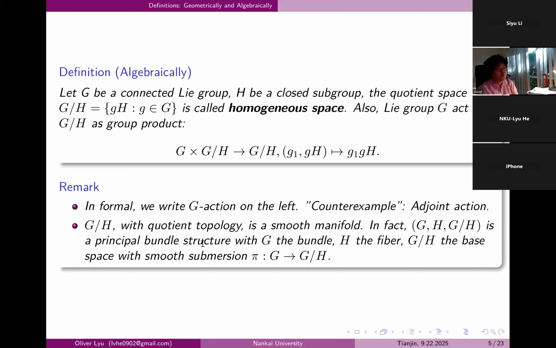And the second remark: G mod H has a quotient topology and is a smooth manifold. We can take the smooth structure from the principal fiber bundle structure. You can see G is the bundle, H the fiber, and G mod H the base space, with a smooth submersion. So it actually is a smooth manifold.